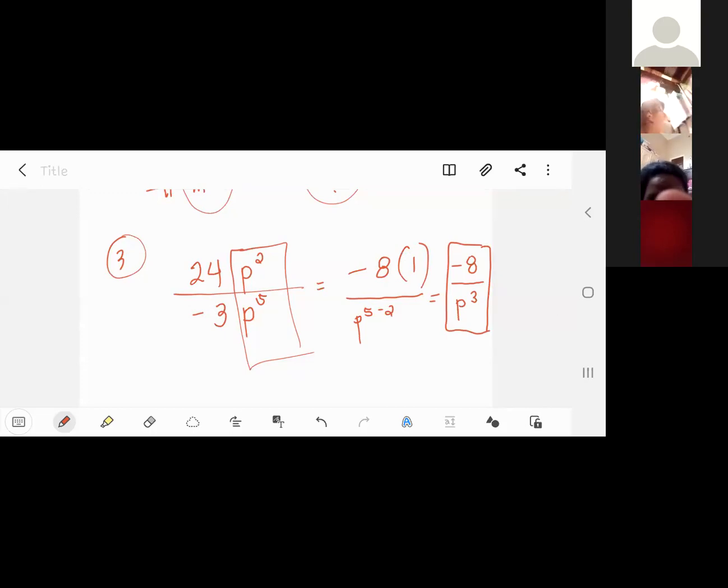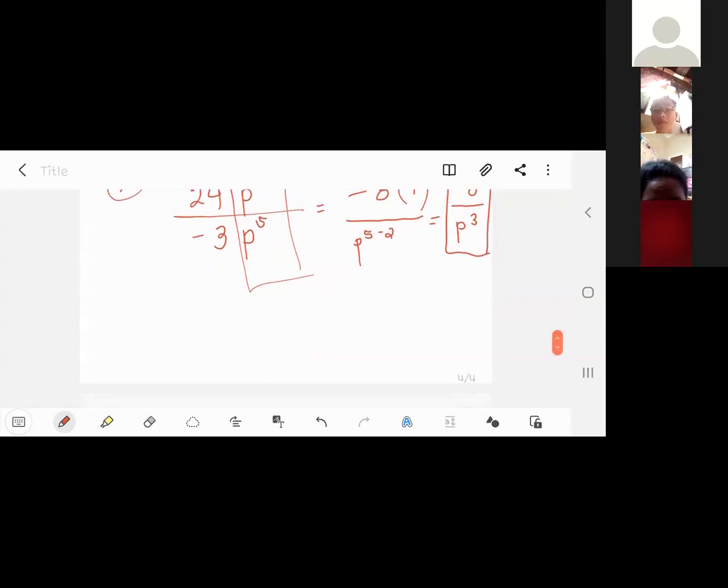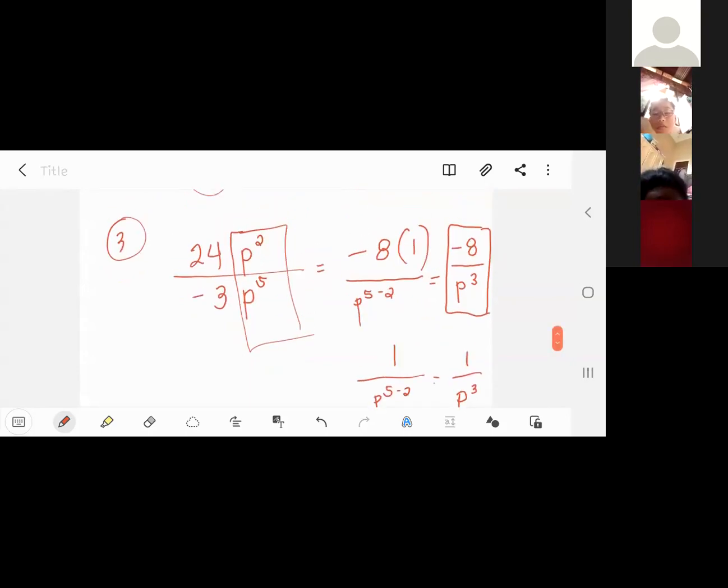So just this, okay? Wherever the exponent is biggest, that is where you subtract. In this case, we subtracted in the denominator. For example, 1 over p to the power of 5 minus 2, or 1 over p to the power of 3. Then there is the negative 8.